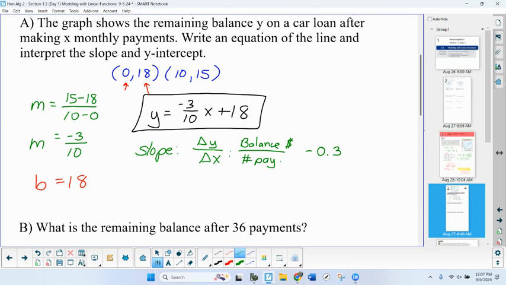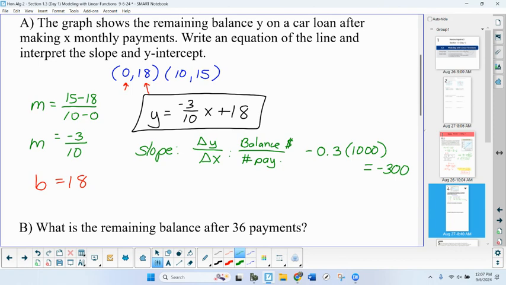Thousands. So let's multiply that by 1,000. What do you get when you multiply negative 0.3 times 1,000? Negative 300. So my slope is really negative 300 balance per payment. What does that mean about your payment?